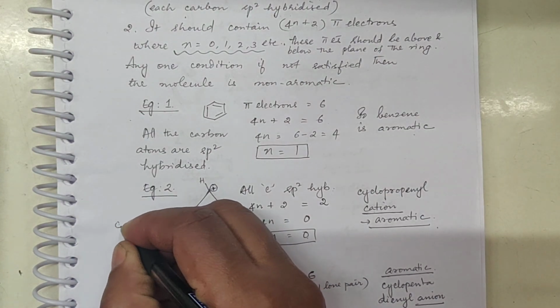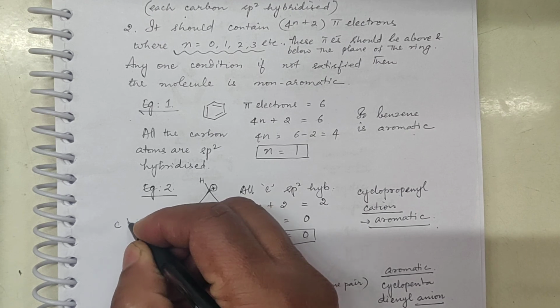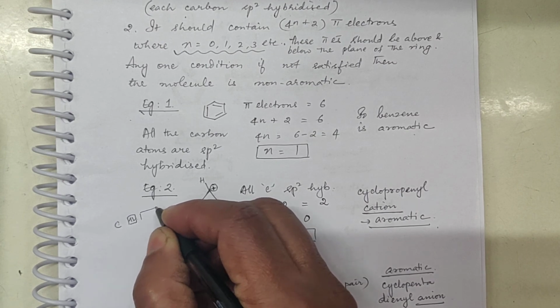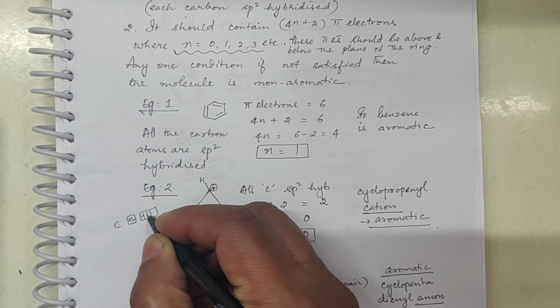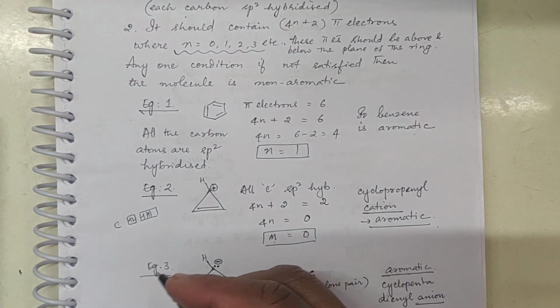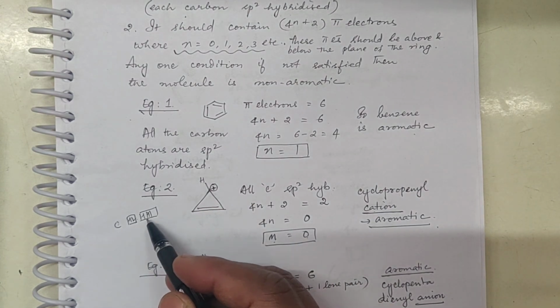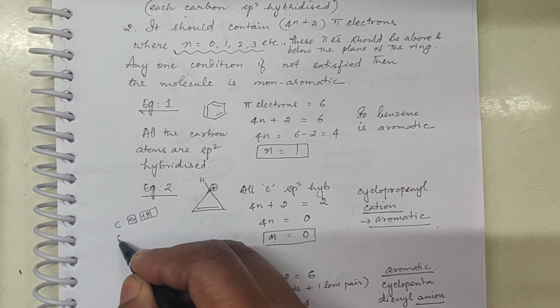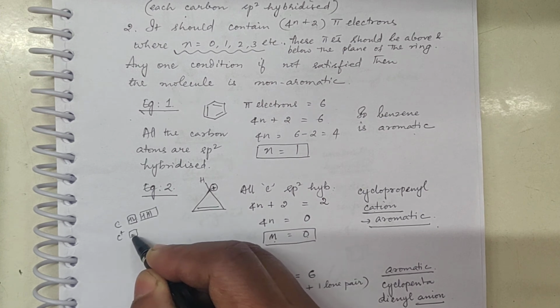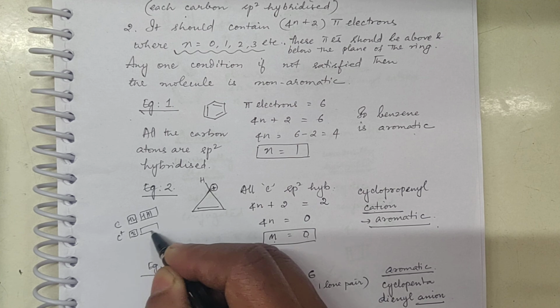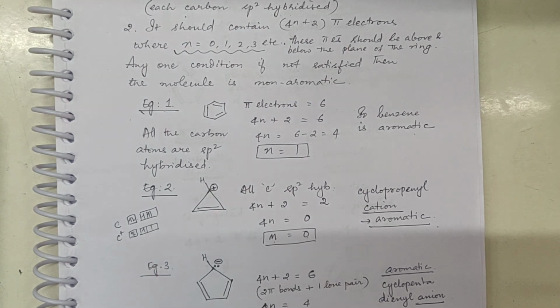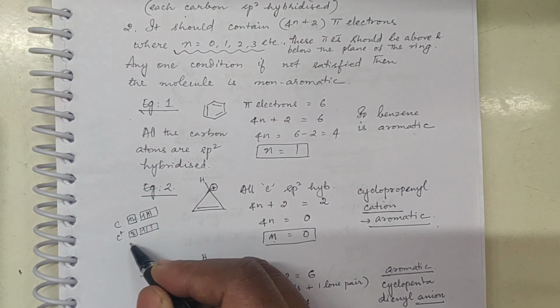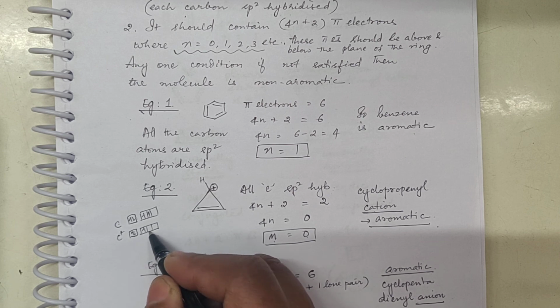If you consider C, it is 1s2, 2s2, 2p2. Then what will be your C plus? C plus will be like this. Now C plus in the excited state, one electron will be up here.